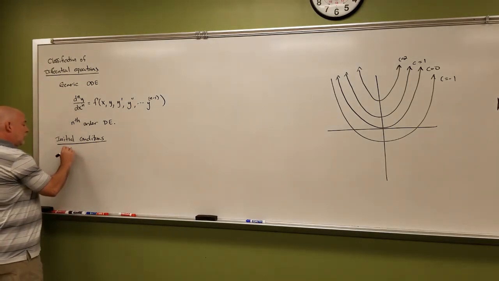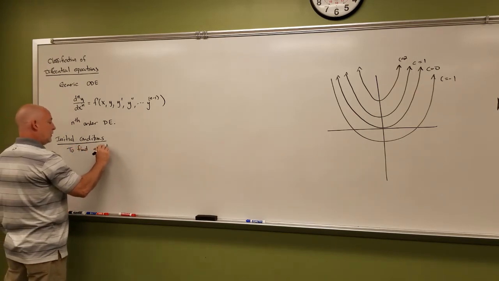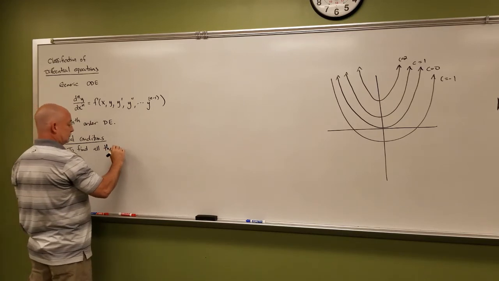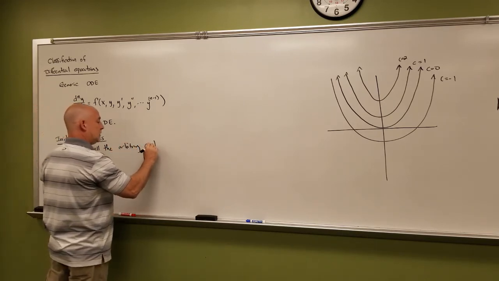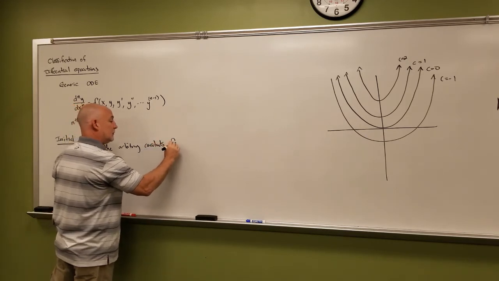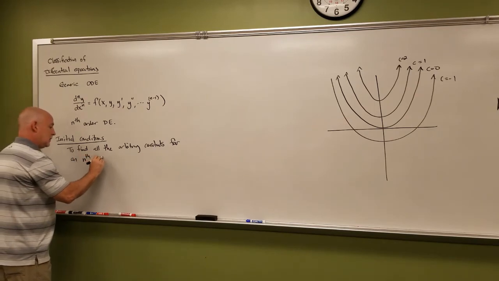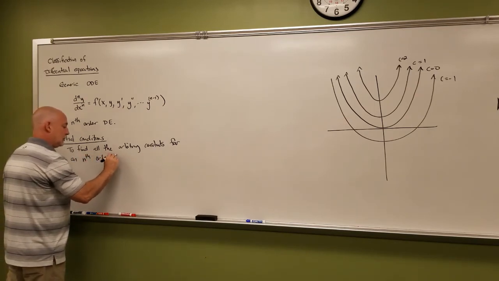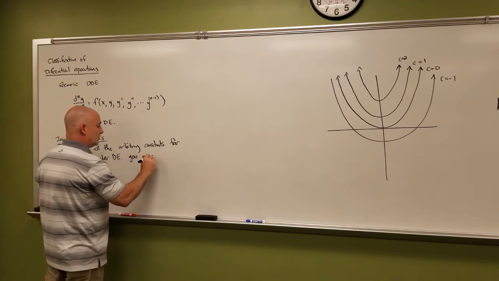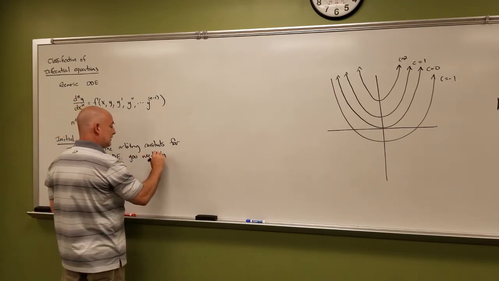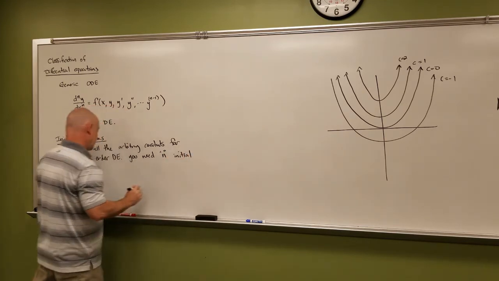So to find all the arbitrary constants for an nth order differential equation, you need n initial conditions.